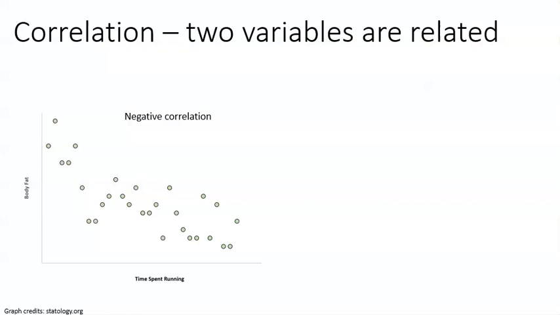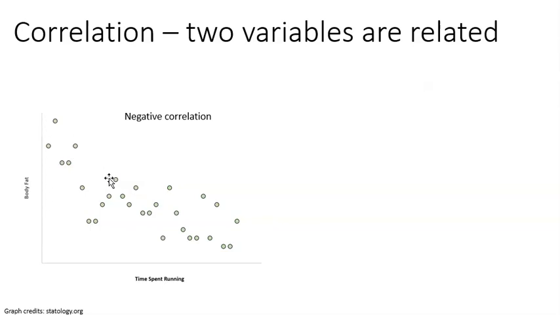So what do we mean when we say that two variables are correlated? This just simply means that there is some kind of a relationship between these two variables. A change in one variable is associated with a change in another variable. So here in this example, you can see in this graph on the x-axis, the time that a person spends running. On the y-axis, we see body fat.